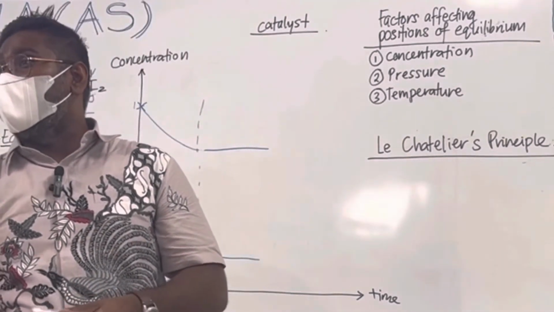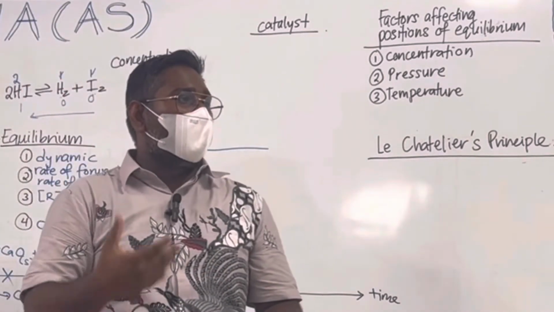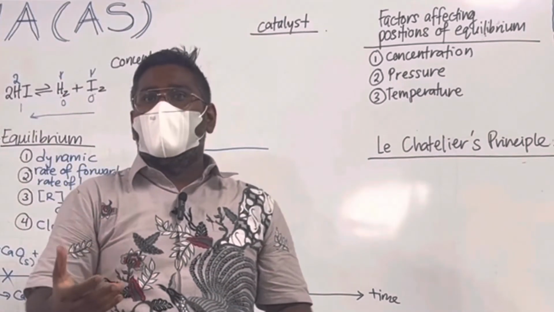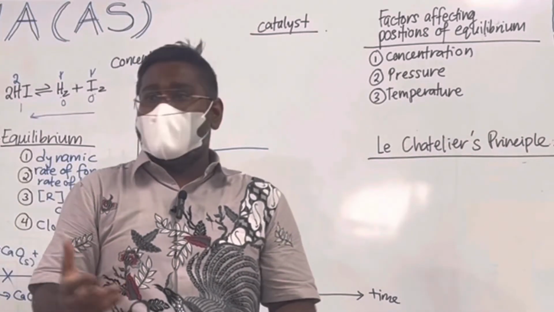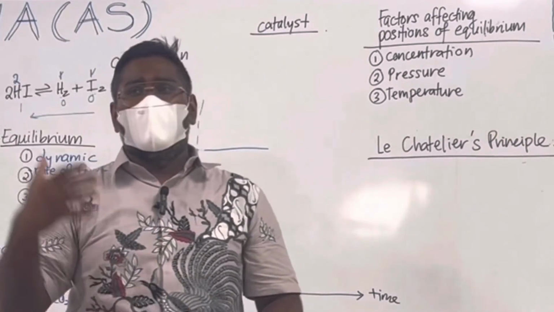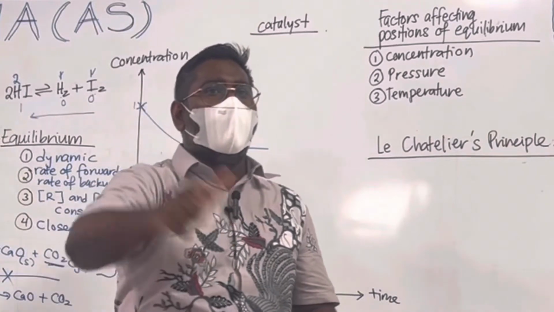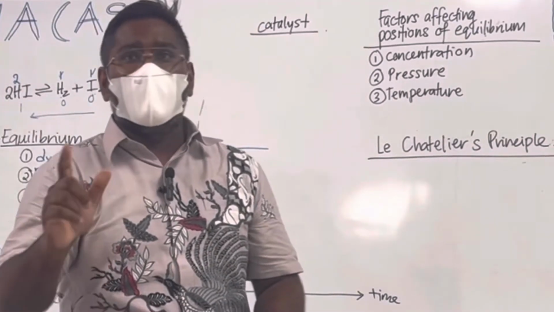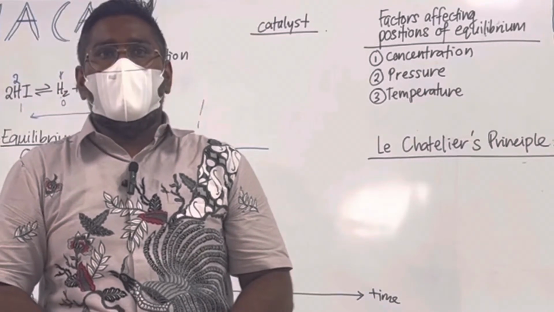We know a catalyst increases the rate of reaction by providing an alternative pathway, or providing a lower activation energy. So generally the rate of reaction will increase. Now my question is, it is a reversible reaction. Is it going to increase the forward reaction or the backward reaction? Any idea?